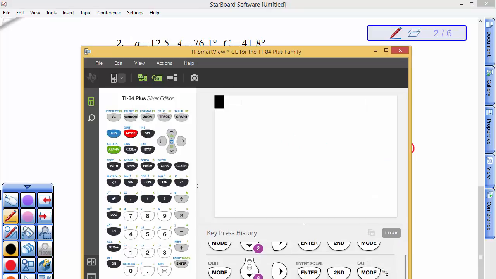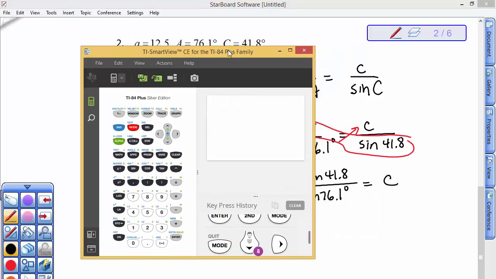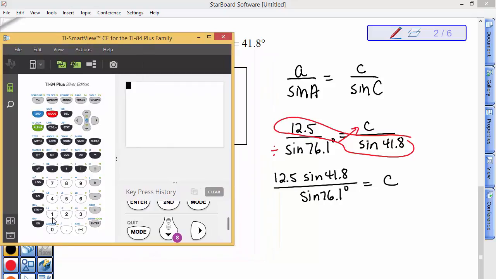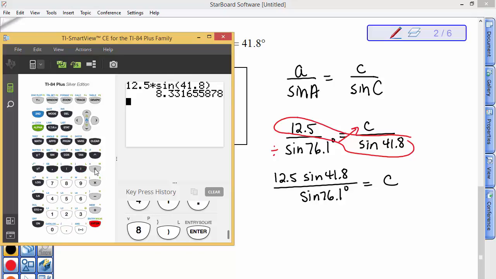I'm going to scale this calculator down a little bit. So 12.5 times the sine of 41.8, and I like to hit enter here. You don't need to. And then divide by the sine of 76.1. If you didn't hit enter, you have to at least close your parentheses.